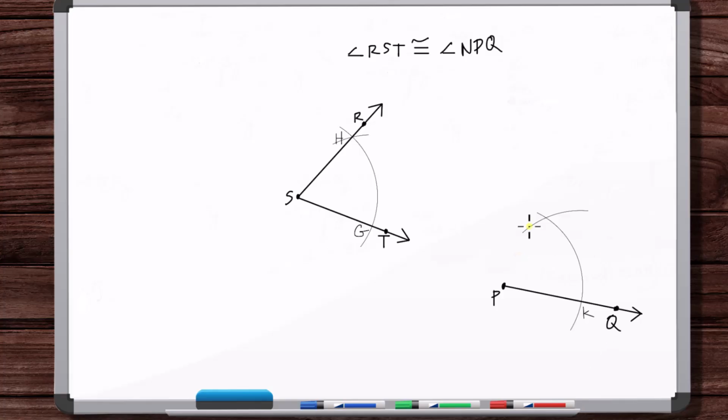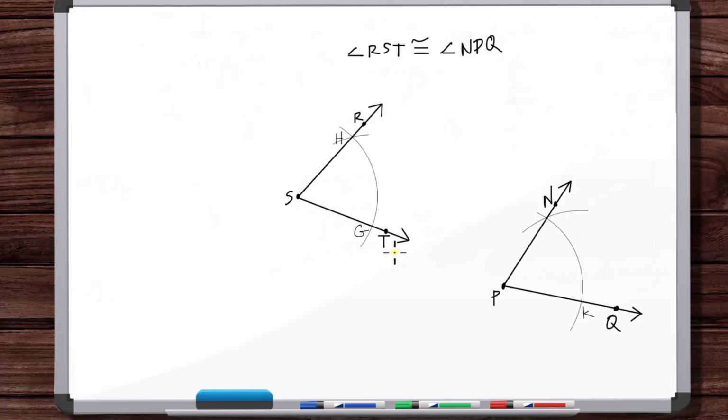That intersection point is where the second side is going to pass through. And there's N. And there we go. This angle NPQ is congruent to RST.